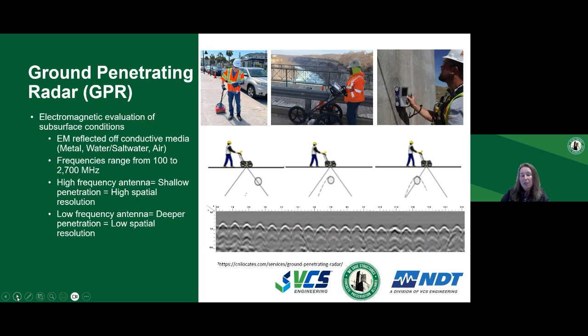Low frequency antennas are typically used for looking at soils. They have a very good depth of penetration, but they have poor near surface resolution. So when we need really good near surface resolution, for example, when we're looking at reinforced concrete, we want to use high frequency GPR. Now, the downside of that is that high frequency GPR has a poor depth of penetration. So typically it's limited to 1 to 2 feet.